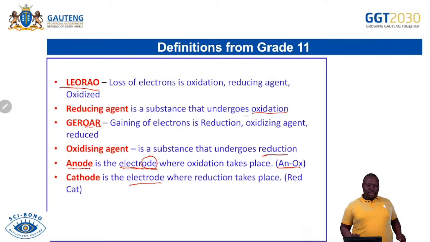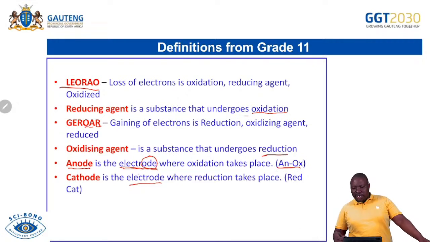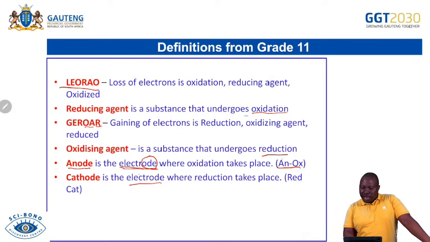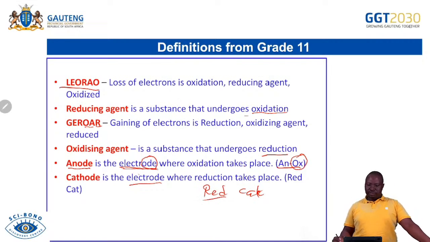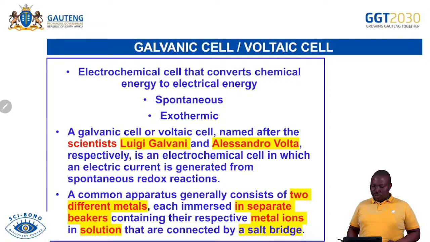You will remember what An Ox stands for: anode is the electrode where oxidation takes place. And we are saying Red Cat. Cathode is where reduction occurs. So you have to know where reduction takes place, that is your cathode. Where oxidation occurs is the anode. So An Ox and Red Cat. So you will remember that.